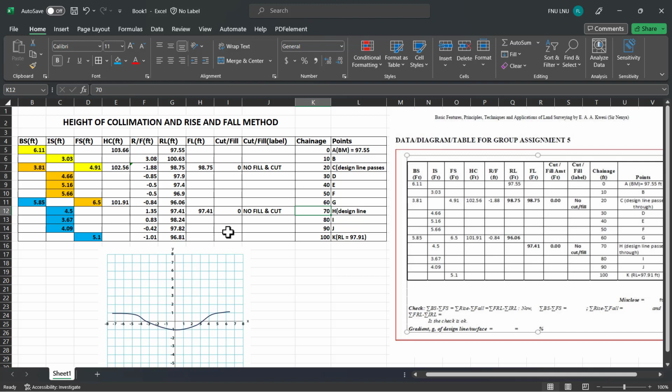So now let's add some columns to it so that I will show you how you'll be able to compute the corrections or the adjustment. So let me add one column here.